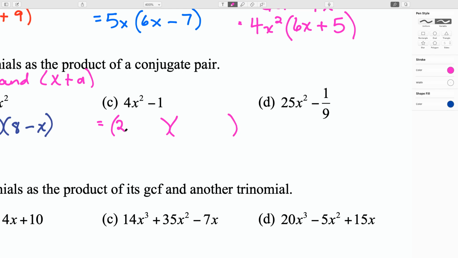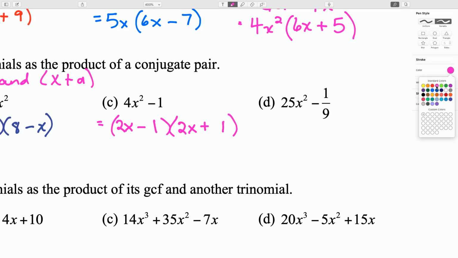Well, 2 times 2 is 4, and x times x is x squared. So my first term in both parentheses would be 2x. I can put a minus and a plus. It really doesn't matter if I put the plus first and then the minus. That's the commutative property. And to get a 1, I have to multiply 1 and 1. So there's my conjugate pair: 2x minus 1 times 2x plus 1.